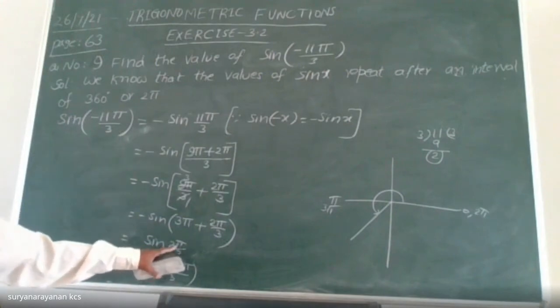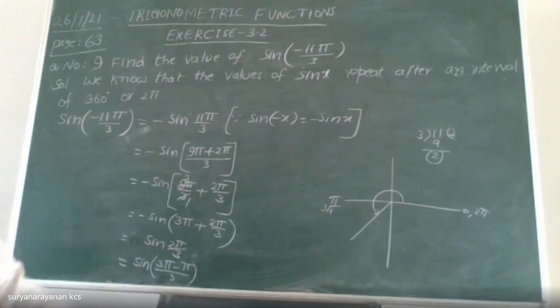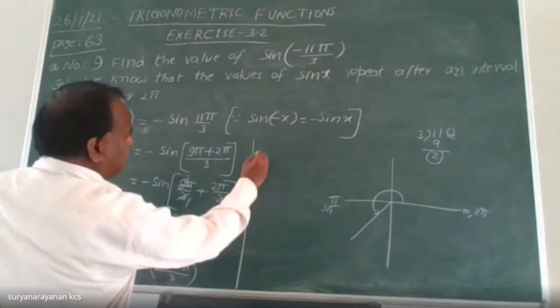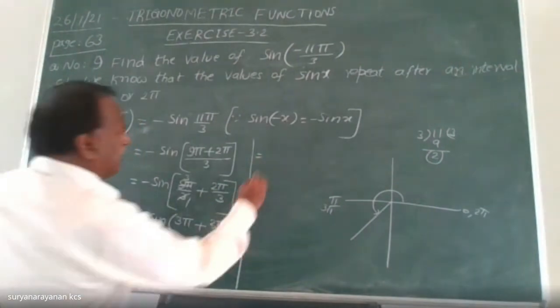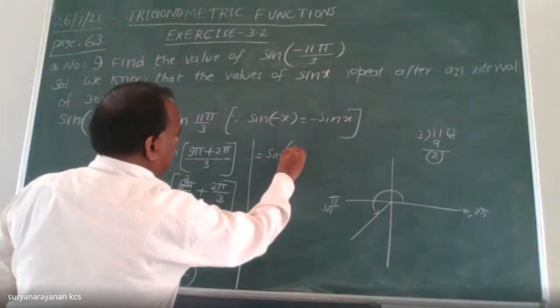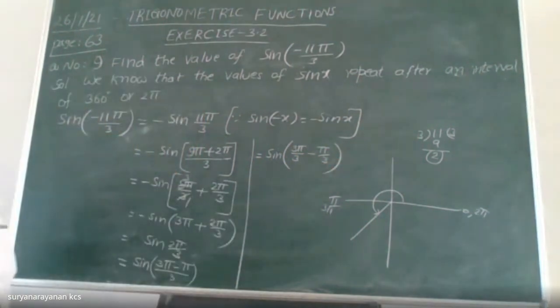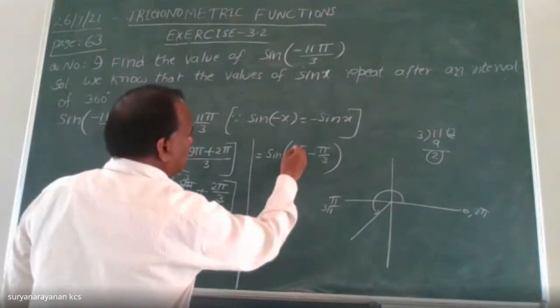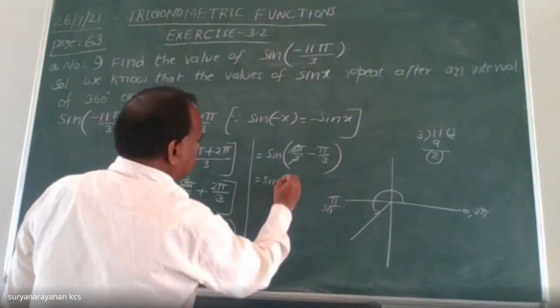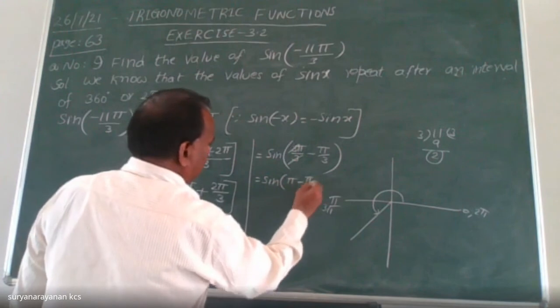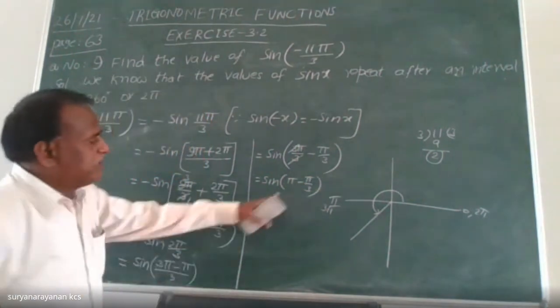We are writing 2 pi as 3 pi minus pi. This is equal to sine, again split into two fractions, 3 pi by 3 minus pi by 3. Simplifying, sine of pi minus pi by 3.